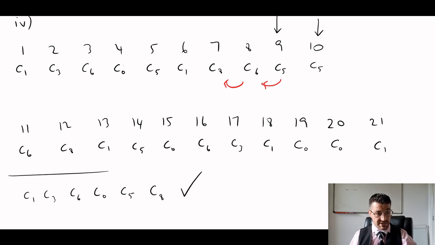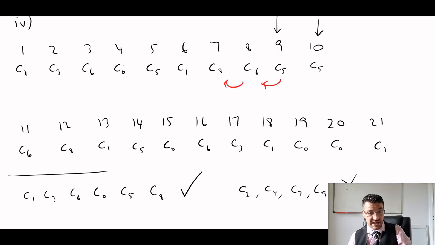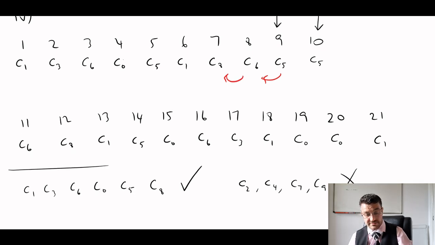And children C2, C4, C7, and C9 do not receive suites. Okay, so four of the 10 children don't receive any suites.